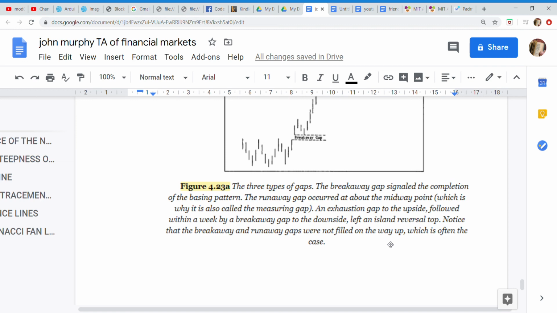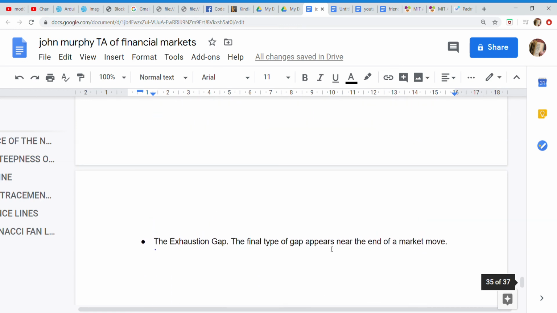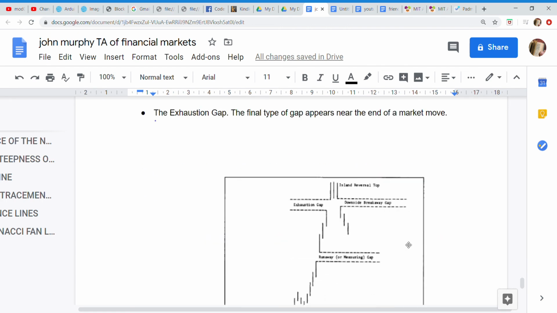An exhaustion gap to the upside followed within a week by a breakaway gap to the downside left an island reversal top. So what is this exhaustion gap? It is the final type of gap, which appears near the end of a market move.